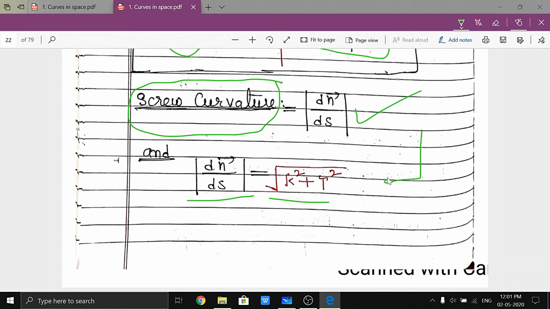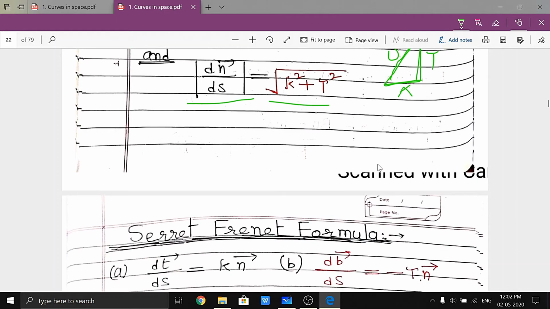By using the Pythagoras theorem, if this is the kappa term and this is the tau term, then it is the squaring of this plus the squaring of this, and the square root. If this length is curvature and this length is torsion, this is called the screw curvature.